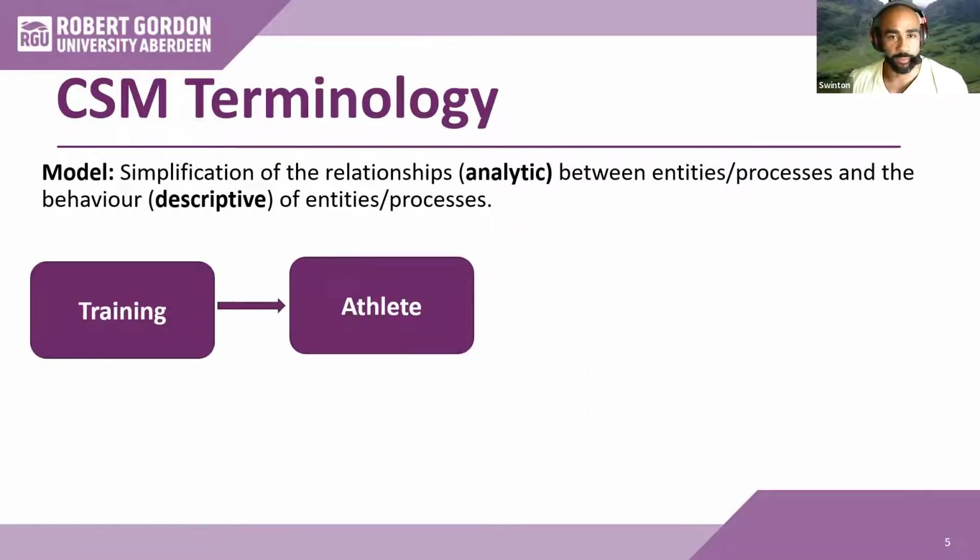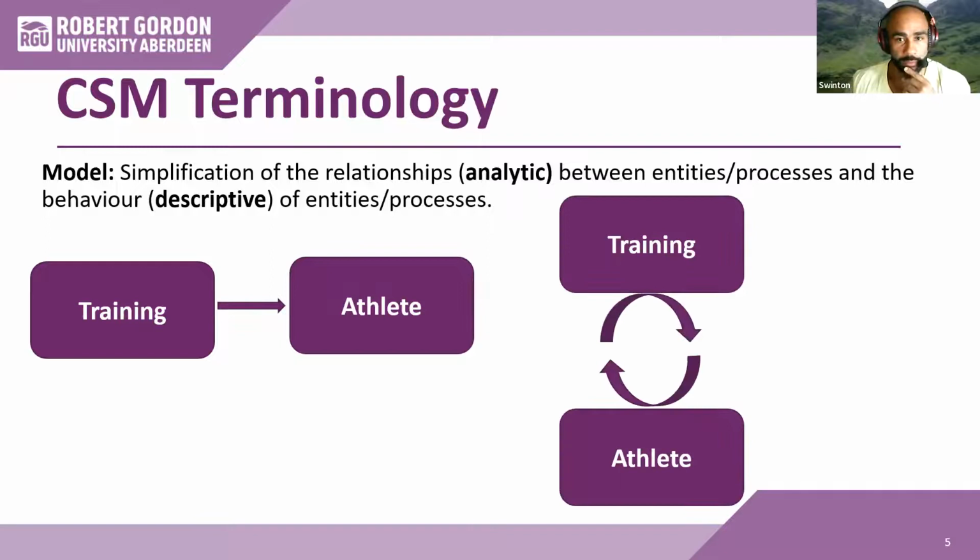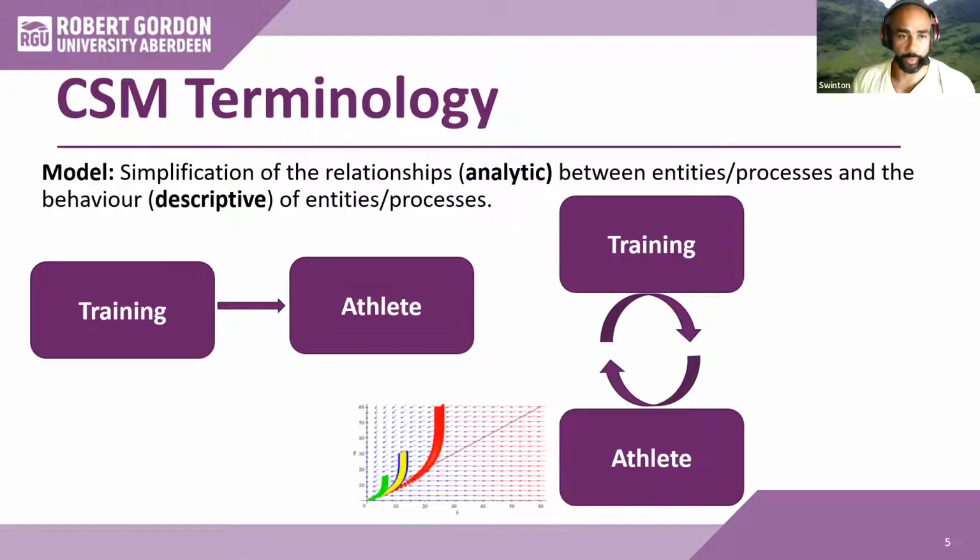In a different example, we may have an athlete-training system with just a single arrow from training to athlete. Or for the analytic component, we may try to model some sort of feedback process where the training influences the athlete, but then that goes back and requires a manipulation to the training. For different athletes, we would create distinct fitness and fatigue profiles, and again, I'll get into that in the next couple of slides.